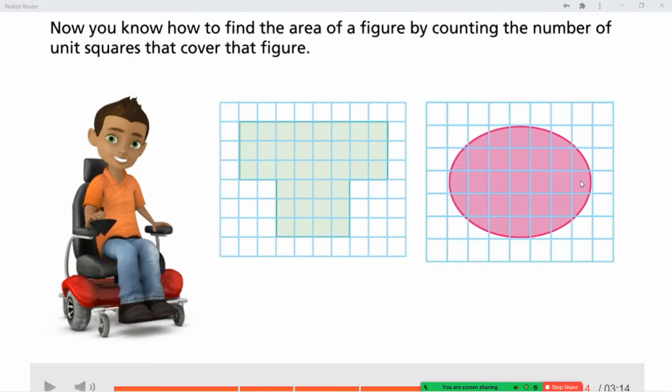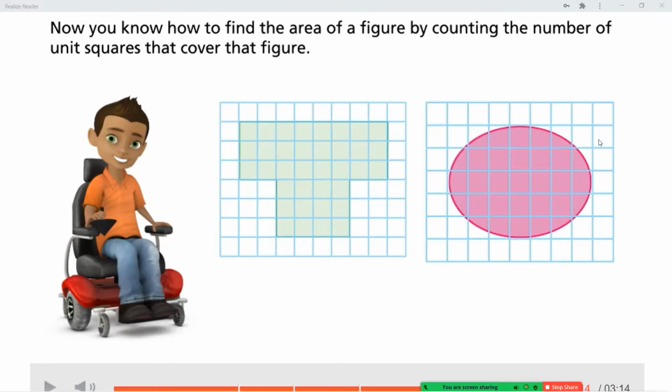Now, when they were counting the shape over here, because they're estimating, the ones that are almost completely covered, they counted them as a whole one. And then they took one like this one over here and this one over here as half plus another half to make a whole. And then they did the same thing down here. They did half plus another half to make a whole. So they had 2 halves here, 2 halves here, 2 halves here, and then 2 halves over here.